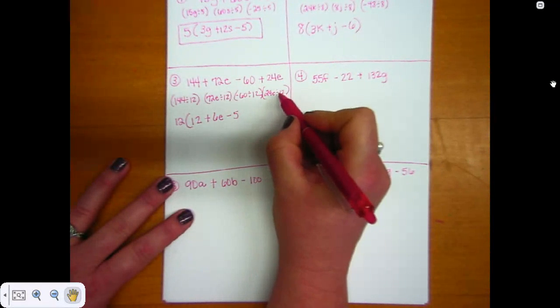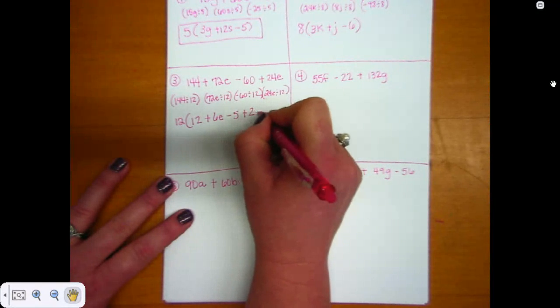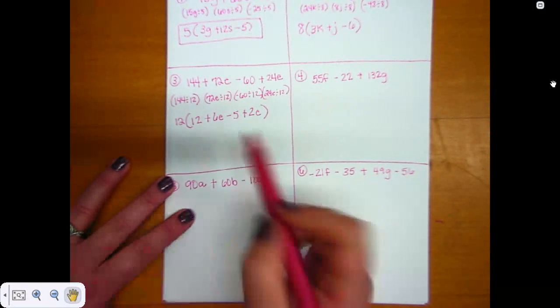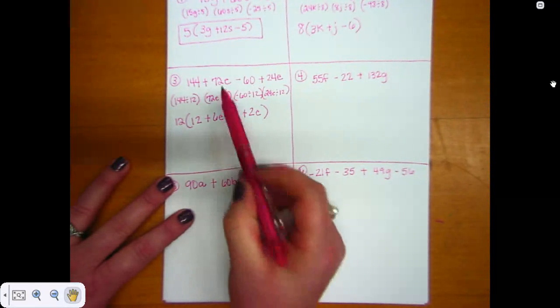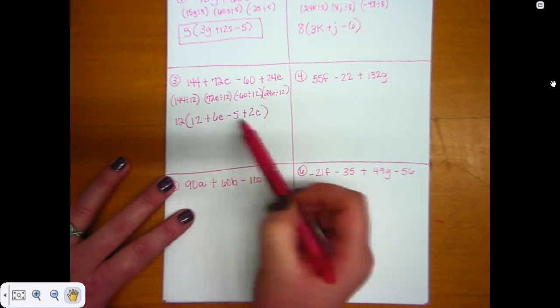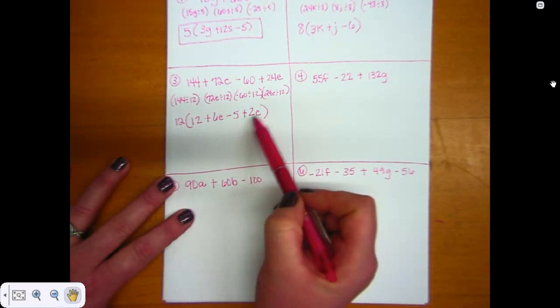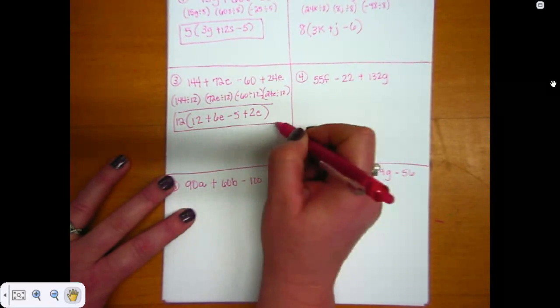And 24E divided by 12 is positive 2E. Let's work it backwards and see if that works. 12 times 12 is 144. 12 times 6E is 72E. 12 times negative 5 is negative 60. And 12 times 2E is 24E. So that is my answer.